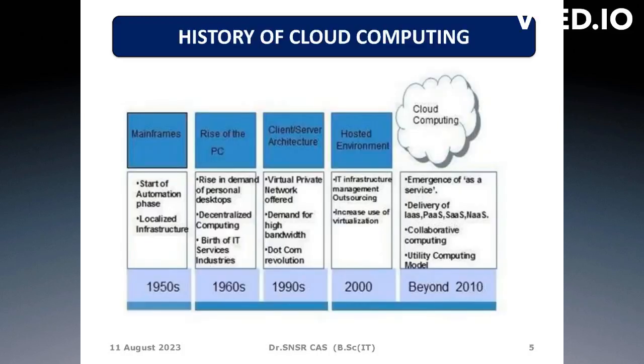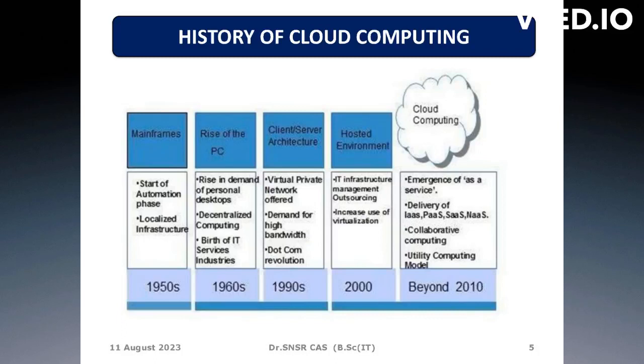So the history of cloud, that's what we say, history of cloud. This is the diagram. The first generation in the 1950s was mainframes, then came the rise of the PCs, then client server architecture, then the hosted environment, then came cloud computing. So now in 2010 and 2020 the cloud is becoming more popular.